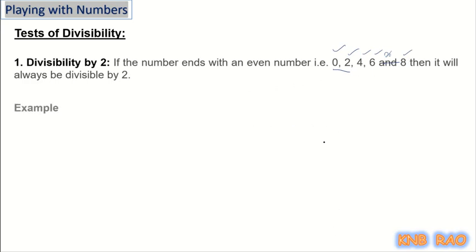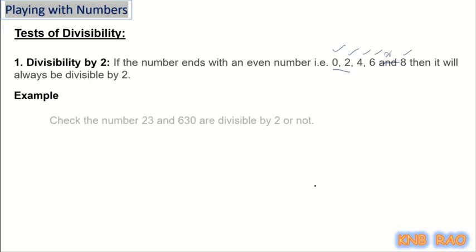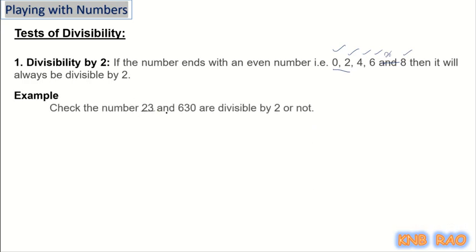For example, let us see whether 23 is divisible by 2 or not, as well as we will check whether 630 is divisible by 2 or not. First, coming to the number 23, it is not ending in 0, 2, 4, 6 or 8, thus it is not an even number.